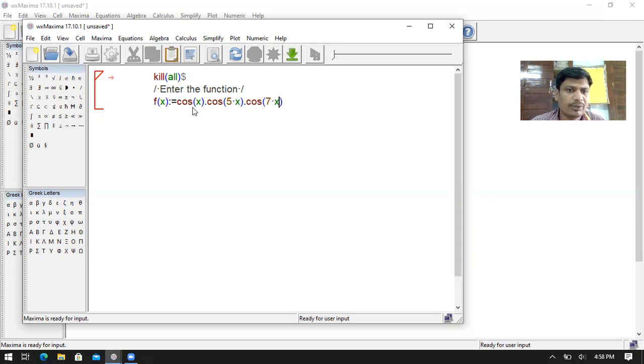Here f of x equal to cos x into cos 5x into cos 7x, then that is a semicolon, then shift enter.